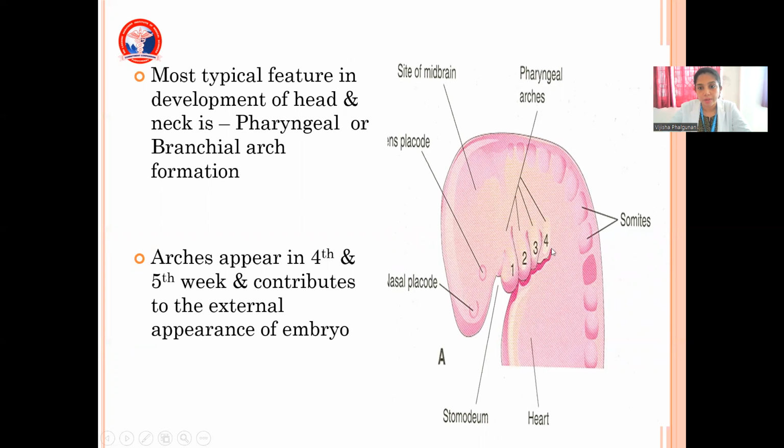These arches are called pharyngeal arches. Why? Because it is at the site of the future pharynx that these arches are developing. Hence, you call them pharyngeal arches. And when does this occur? This occurs between the 4th and 5th week of the developing embryo.